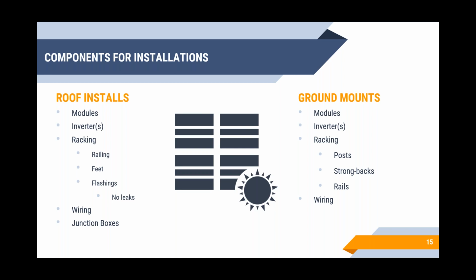Each module gets 2 rails, and then it gets a foot that connects to either the metal roof, the shingle roof, or even tile roof. And then any flashing that is needed is generally incorporated into that foot so that we don't have any leaks and that you walk off the roof with the same flashing integrity as when you stepped up there in the first place.